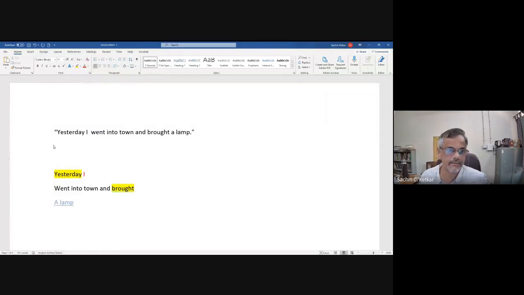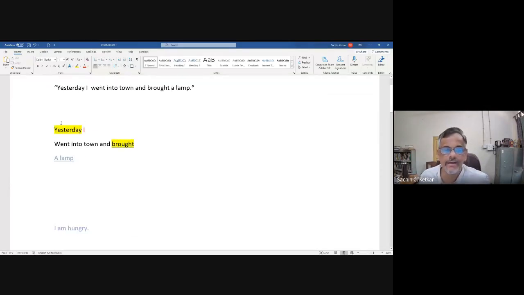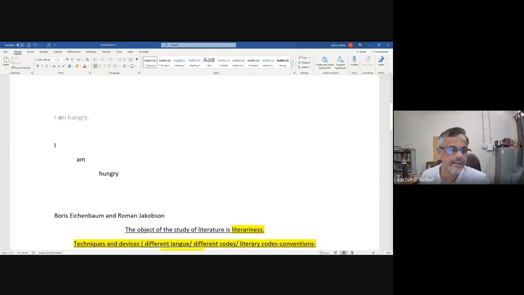A simple utterance. But this is the way it is presented, the sujet. It's broken up in several places. I am hungry, this is fabula. But if you present it this way, it makes it capable of generating more meanings, right?